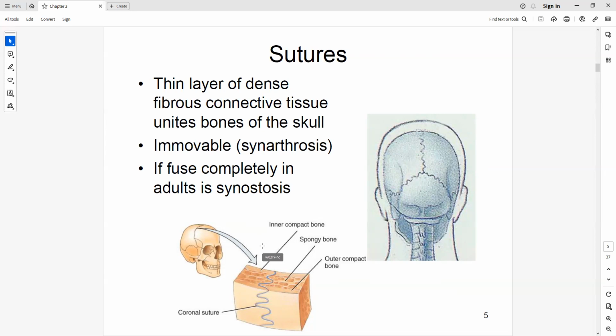And this is why sutures are considered a fibrous joint, because that's the nature of the connective tissue separating the individual skull bones. Please remember, all skull bones are joined together by sutures.